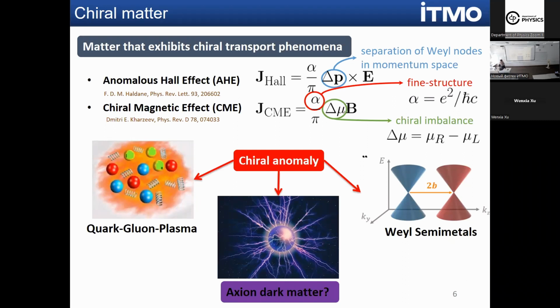In the quark-gluon plasma, the b0 component does not correspond specifically to a separation between nodes in energy space, but it's related to something called chiral imbalance, which is the difference between left-handed and right-handed chiral fermions. This produces a chiral imbalance and allows these emergent transport currents when you apply a magnetic field.